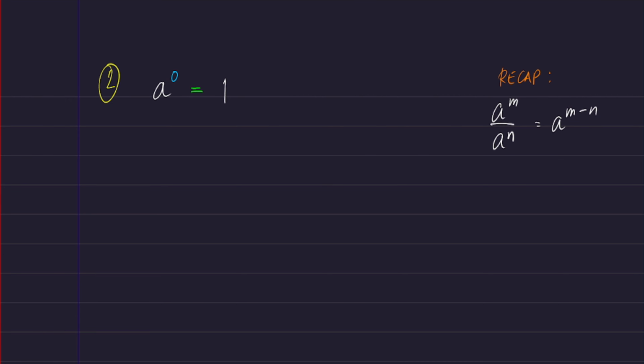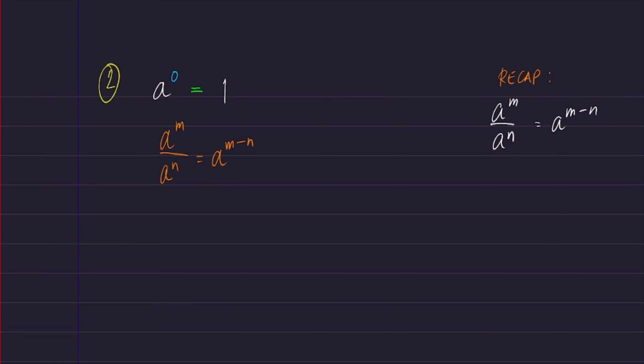Next, we have A raised to 0 equals 1. We have our recap here na A raised to M over A raised to N is equal to A raised to M minus N. So, paano natin ipapakita? Let's use this. A raised to M over A raised to N is equal to A raised to M minus N. Pero notice na gagamitin natin tong law of exponent na to para i-prove itong A raised to 0 equals 1.